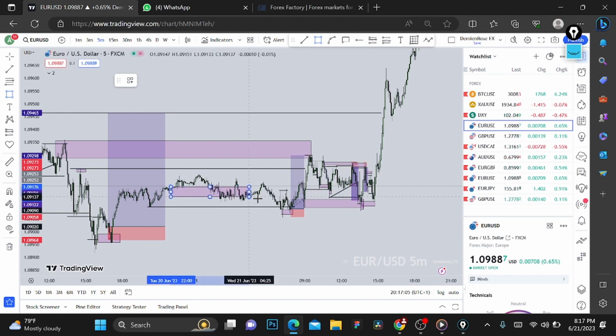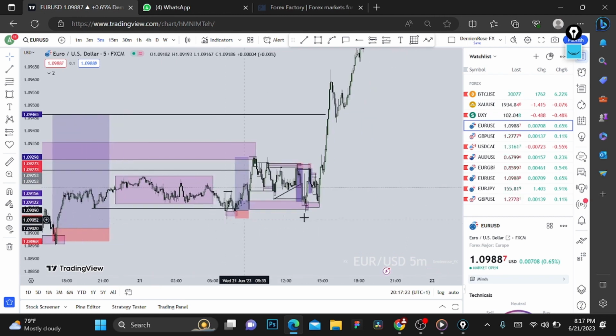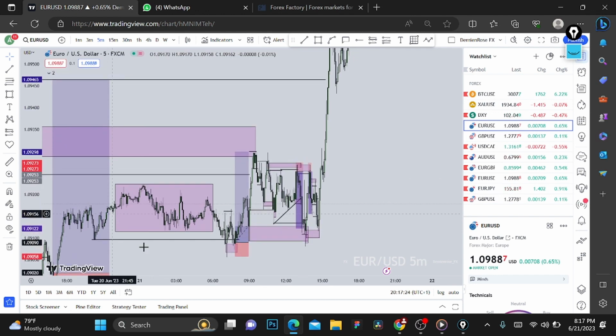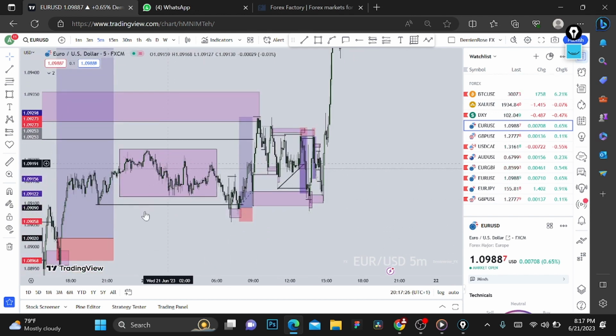So this was Asia for me. This was the Asia high and the Asia low. Asia highs and Asia lows are also powerful liquidity and a liquidity guide. It's going to tell you what they are planning.